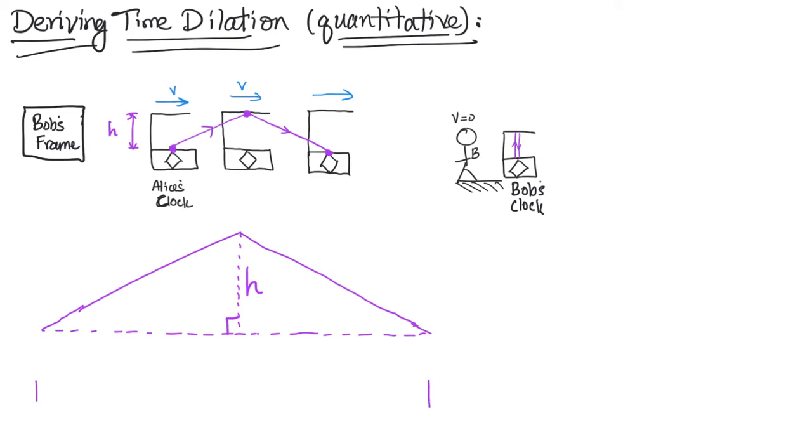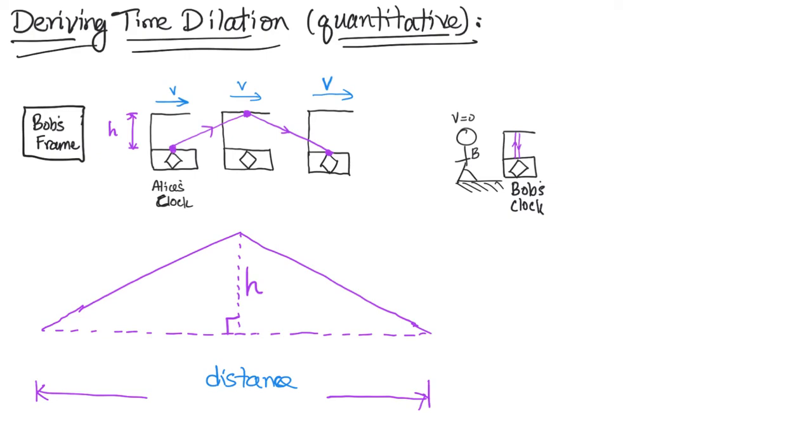So we have this right triangle. What do we know about this base? Well, we know that this is happening in Bob's frame, and we know that Alice's clock is moving at speed v. So this distance, the horizontal distance covered by the photon, can be found by remembering that distance traveled is equal to speed times elapsed time.